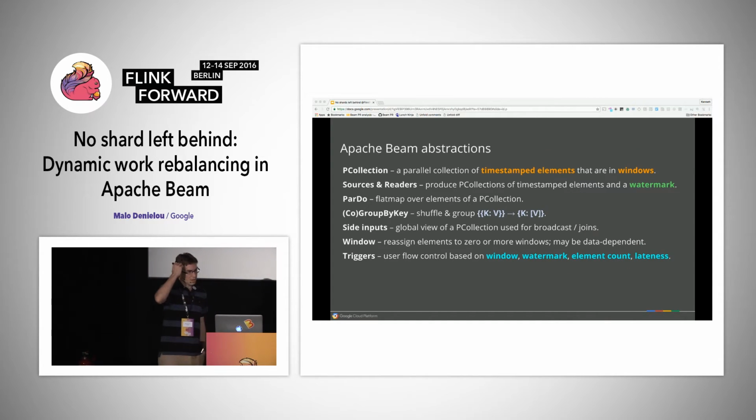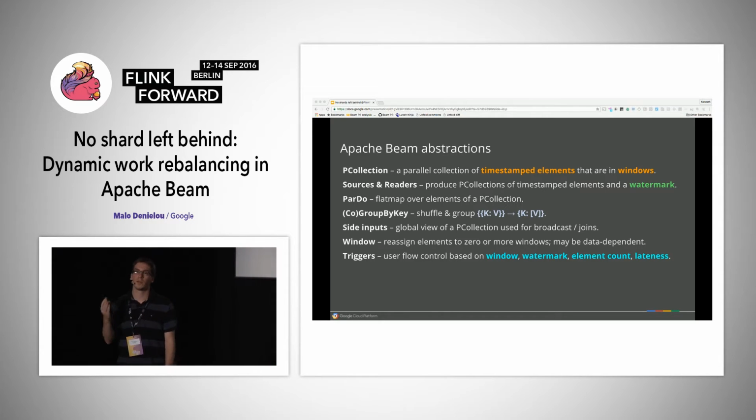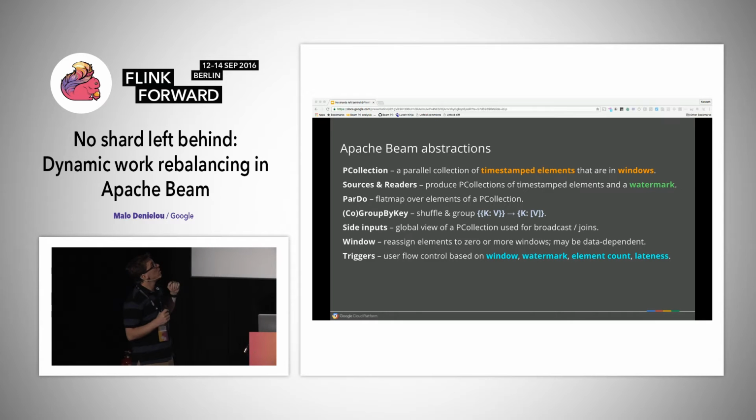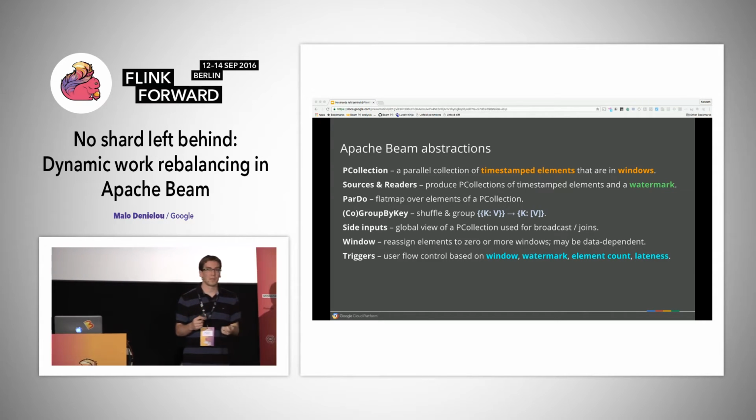The Beam programming model is based on basically 7 main constructs. So I'm just going to go through very quickly. The fundamental one is the notion of a PCollection. A PCollection is a parallel collection of time-stamped elements.